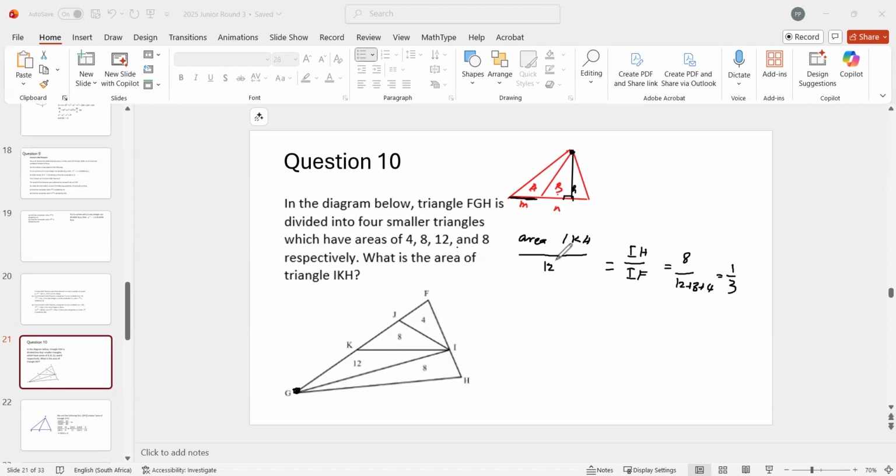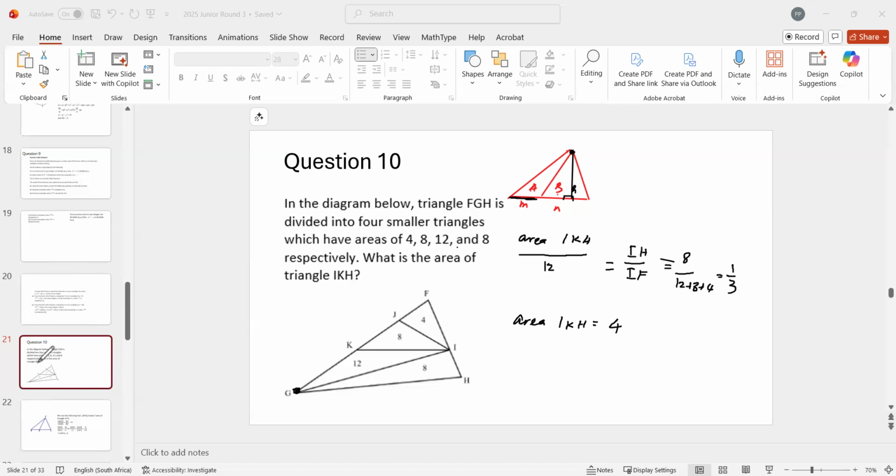So straight away now you got area of IKH is what over 12 is 1/3? It's 4. 4 over 12 is 1/3. And if you want to calculate it, you just cross multiply and solve. So the area of this triangle is 4, and that answers this question 10.